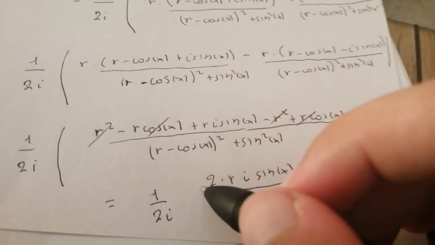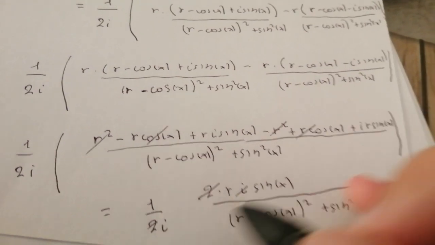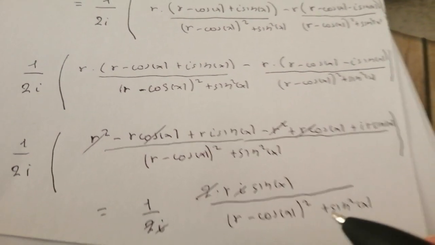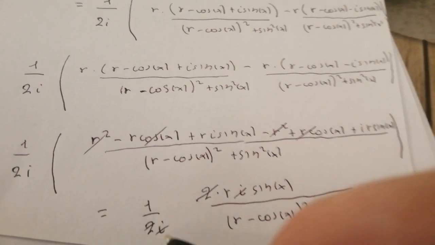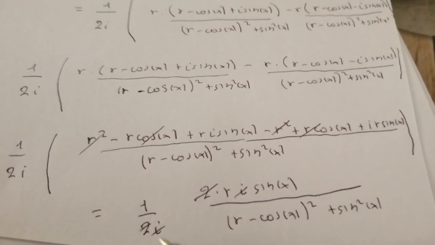The 2 with 2 over 2 is 1, and we can have these terms removed here.